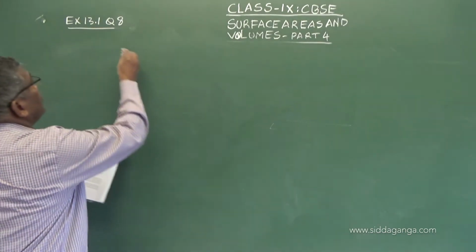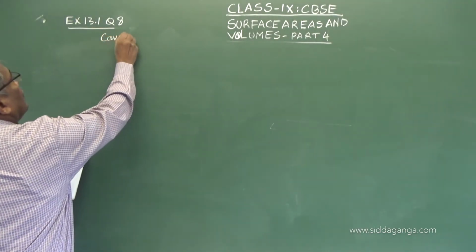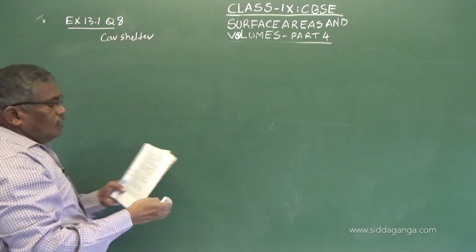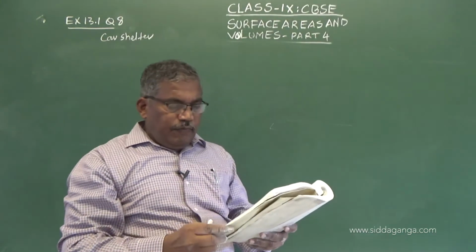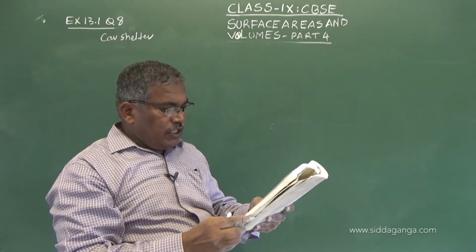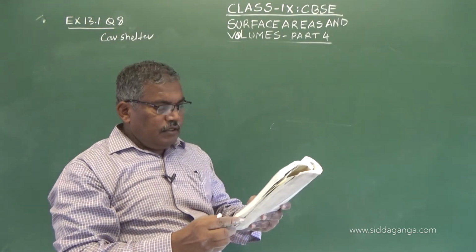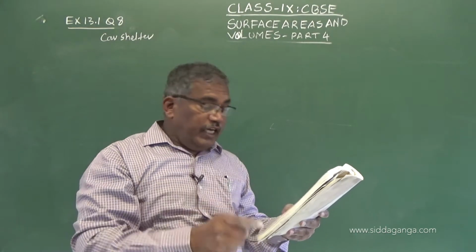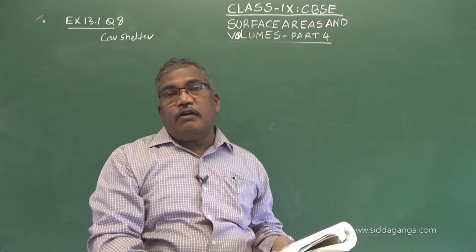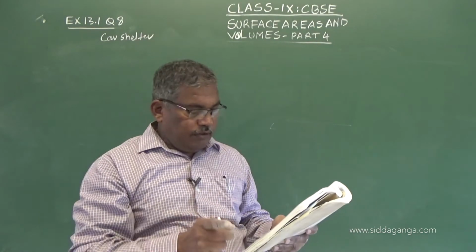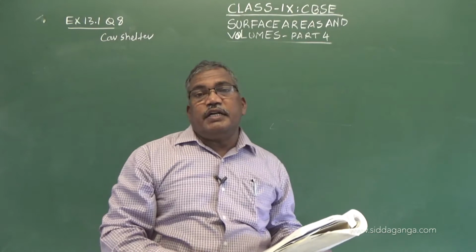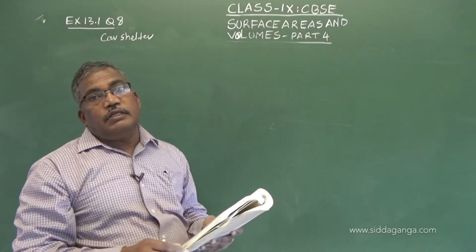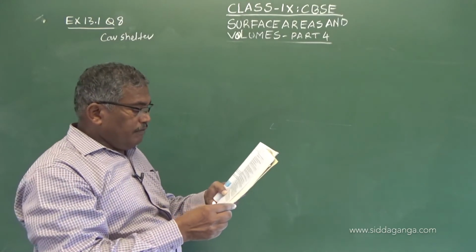Car shelter by making a box-like structure with the tarpaulin that covers all the four sides. You read the sentence carefully. When the diagram is not given, you have to grasp the question correctly and frame the figure. So if you draw the correct sketch, then you will understand the problem.